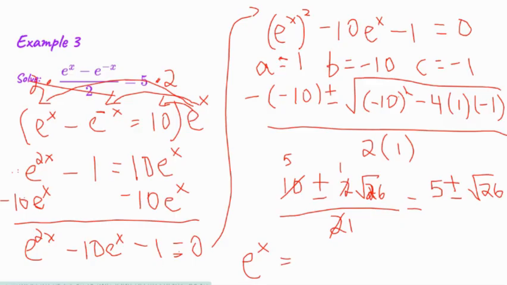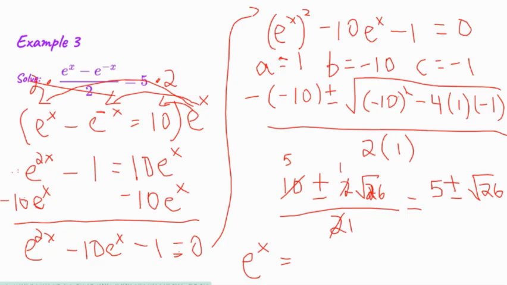Now, here's the thing we have to keep in mind, because this is e to the x. E is a repeated multiplication of the number 2.71. So what we're looking at is taking two numbers and determining which one of them is positive. Well, root 26 is a little bit more than the square root of 25, which is 5. You can just type these individually into your calculator, but logically, root 26 is a little bit more than 5.